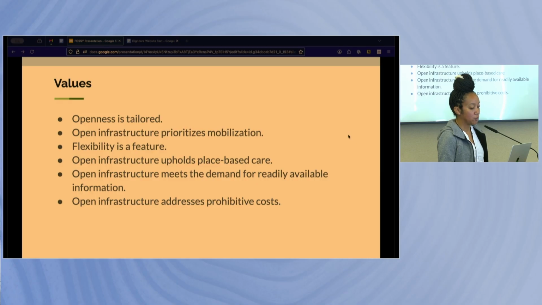Open infrastructure and tools should facilitate the accessibility and availability of information in a timely manner, enabling communities to make informed decisions. And the last one: open infrastructure addresses prohibitive costs, which I think was mentioned in a previous talk. I think Mike talked about how much savings we have. Open infrastructure makes it possible to produce, share, maintain, and use information in an accessible way.